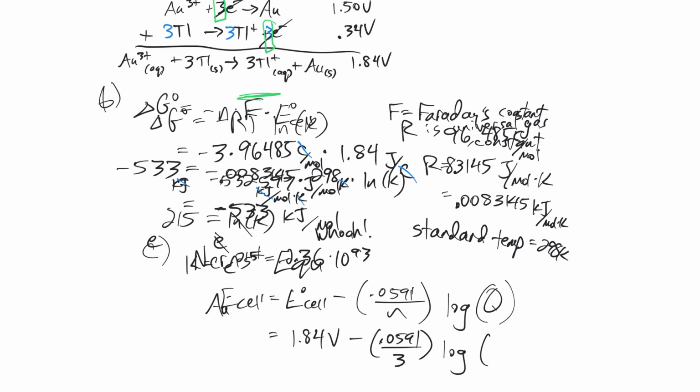Okay, now we've got this so that we can work and find Q. So I'm looking at the overall reaction, and if I were asked to write an expression for the reaction quotient Q, products over reactants, ignoring solid species, I would write thallium ion concentration raised to the third power.